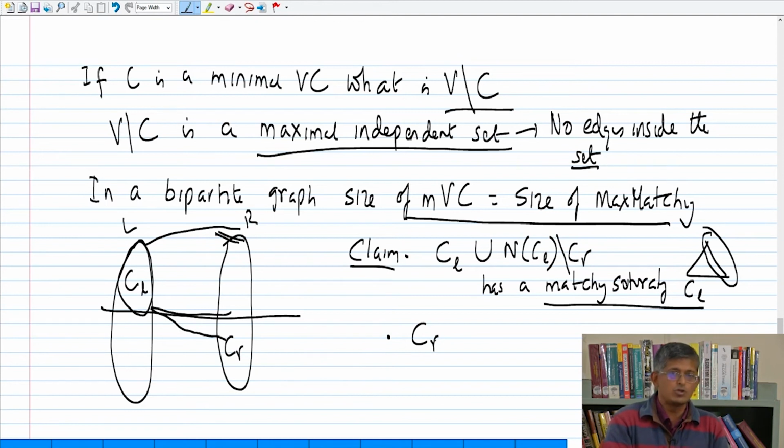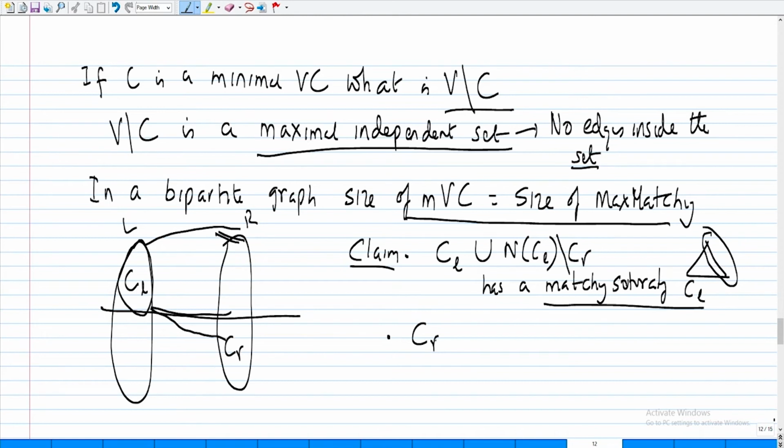So these two matchings put together show that there is a matching that saturates C_L and C_R. The graph on C_R union N of C_R minus C_L has a matching which saturates C_R. The proof is not very hard, but it is interesting to be able to observe this pattern.